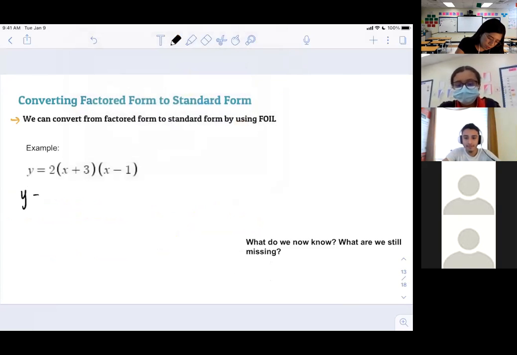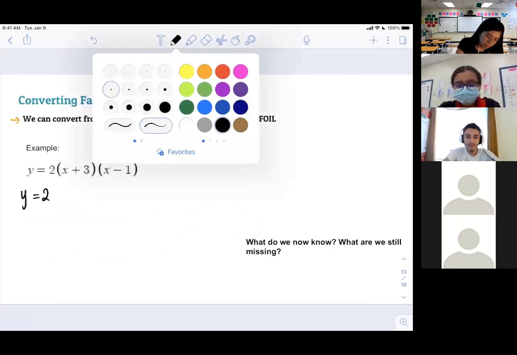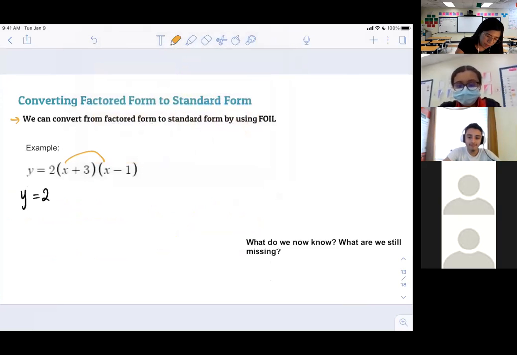So I'm going to keep the 2, but I can FOIL everything else. So what do I get? X times x? X squared. X times -1? Negative 1x.